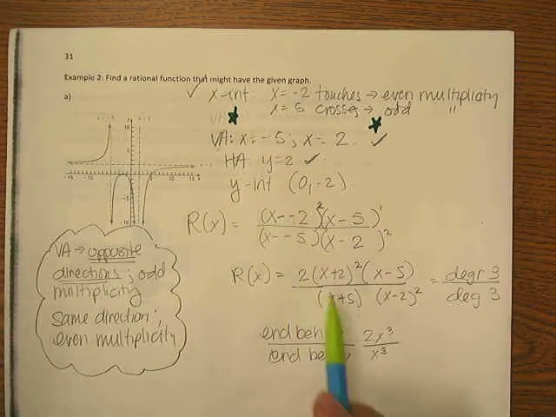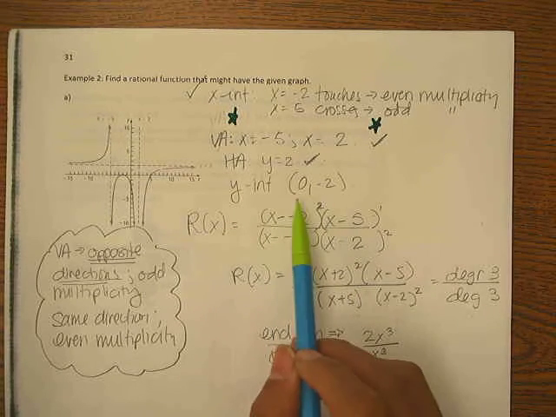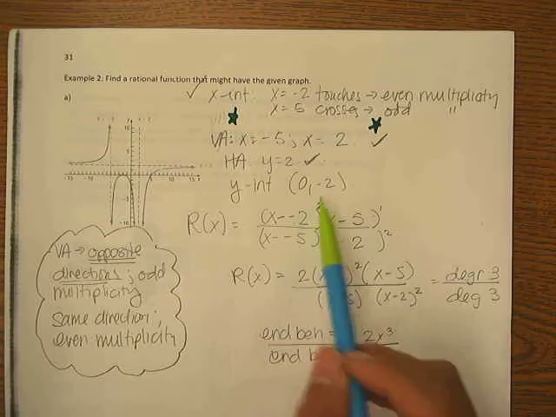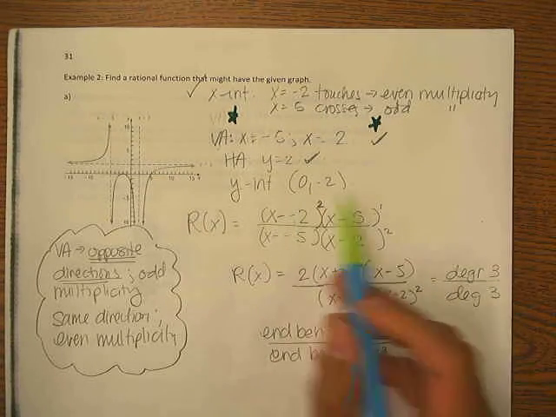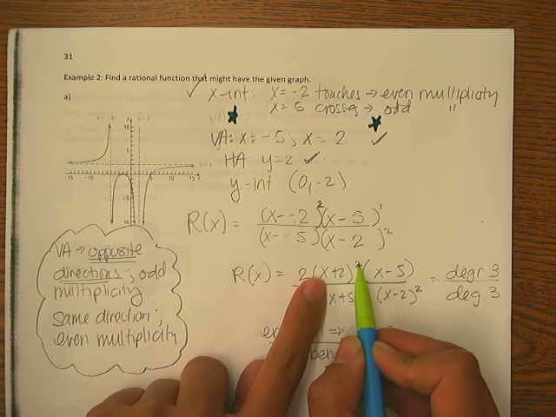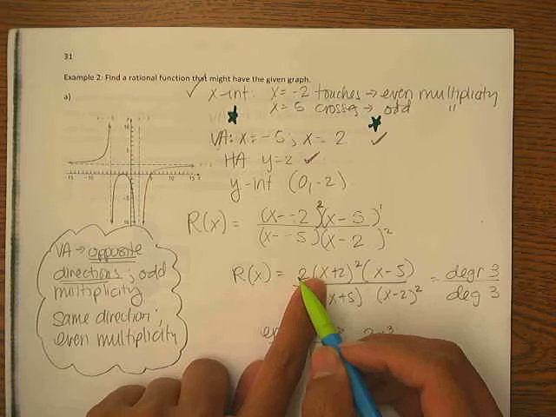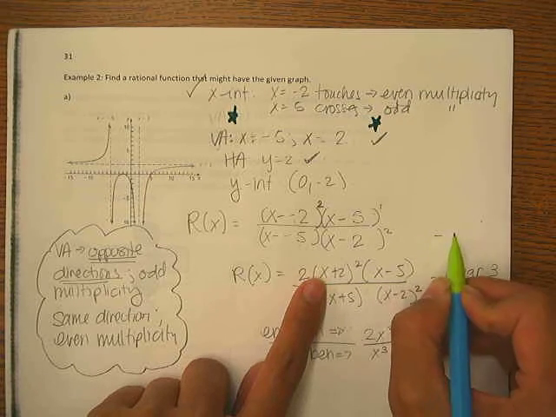Now let's check this equation again to see if our y-intercept is where it is supposed to be. So when x is 0, remember we're checking for y-intercept. When x is 0, 2 squared is 4. 4 times 2 is 8. 8 times negative 5 is currently negative 40.